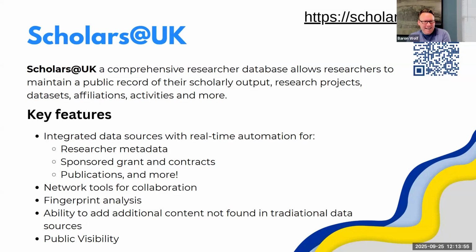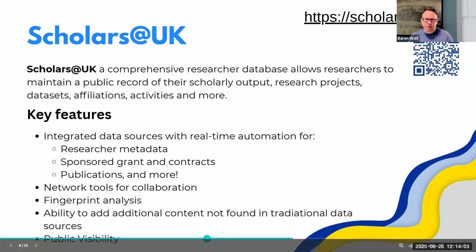Hi everyone again. So Scholars at UK, if you don't know what it is, is a comprehensive researcher database that is funded through the Office of the Vice President for Research. It was implemented a couple years ago. It is an Elsevier product, and so it does have direct connection with the Scopus database, but it also has lots of other automatic data connections.